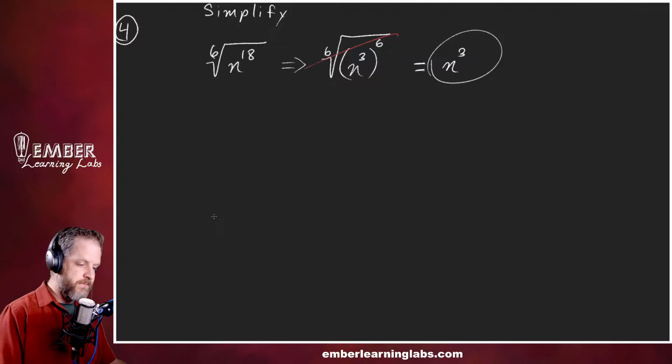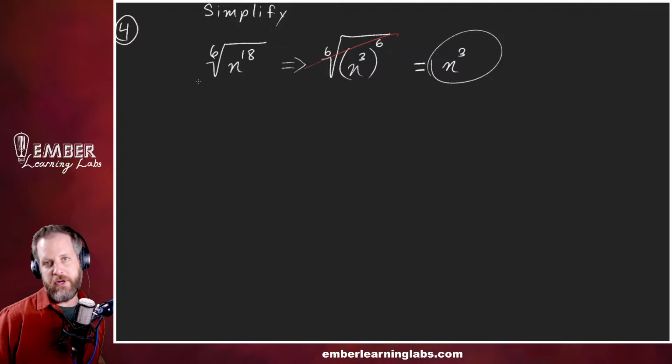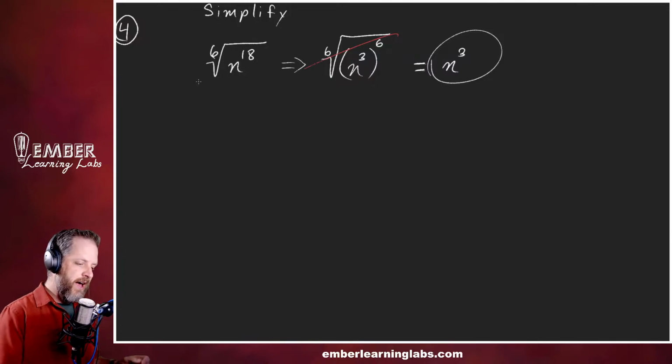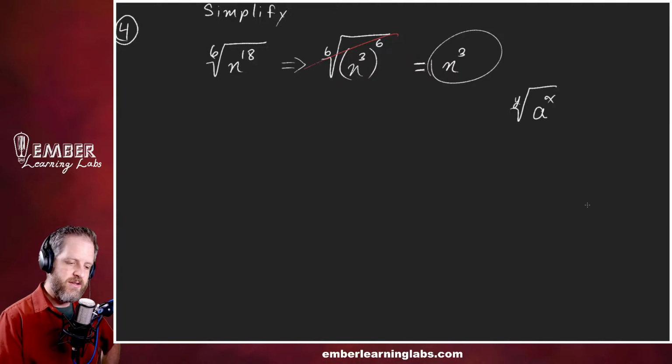And that's great. You can also solve this problem by converting it from radical form to rational form, which we're going to talk about here in a minute. That's the real exponents part of this video. So if you remember, we can convert between a to the x and the yth root.